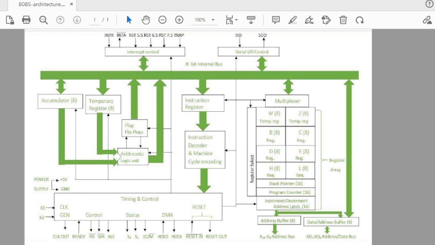What is the difference between maskable and non-maskable interrupts? We can avoid the maskable interrupts by some signals. So INTR, RST 5.5, RST 6.5 and RST 7.5 are maskable interrupts.